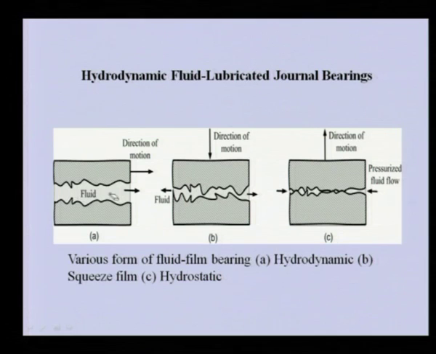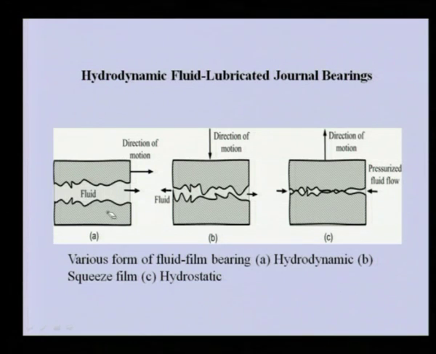In between there is a fluid, and generally we have some kind of converging area, and because of this motion the pressure will develop in the converging area, due to which this body will be lifted up.